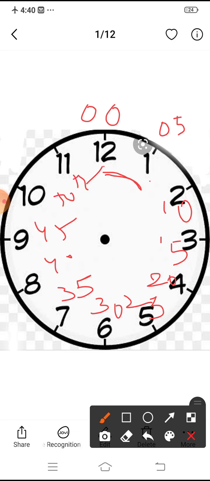Five zeros are 0, 5 ones are 5, 5 twos are 10, 5 threes are 15, 5 fours are 20, 5 fives are 25, 5 sixes are 30, 5 sevens are 35, 5 eights are 40, 5 nines are 45, 5 tens are 50, 5 elevens are 55, then again 5 zeros are 0. Okay, now this is the table of 5.